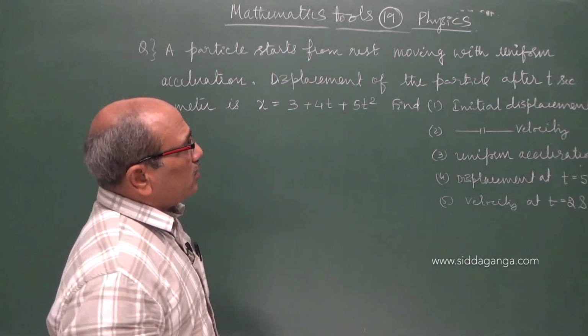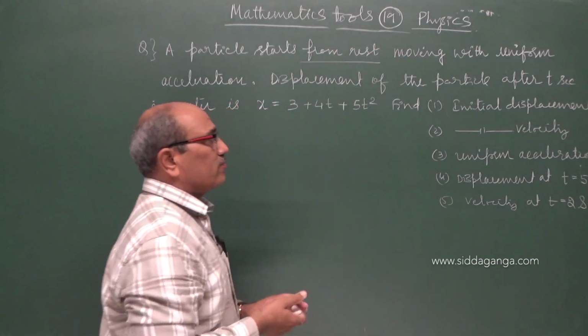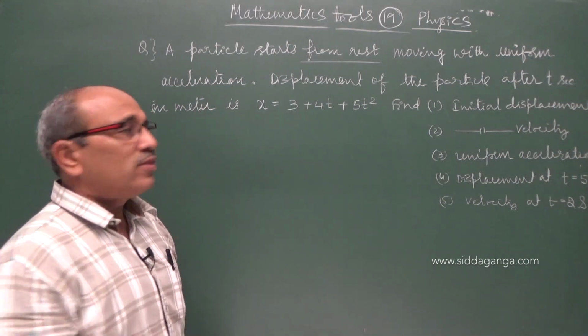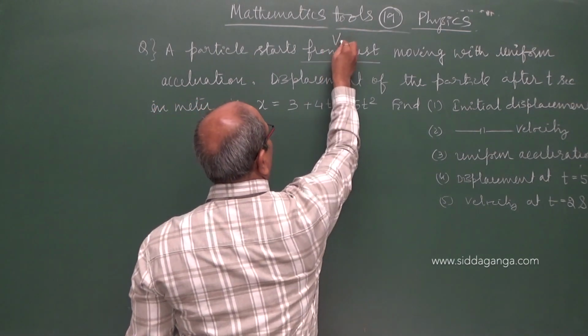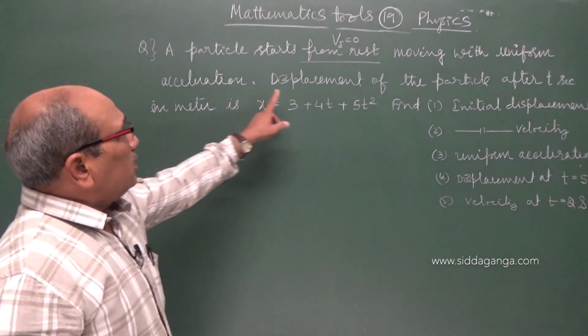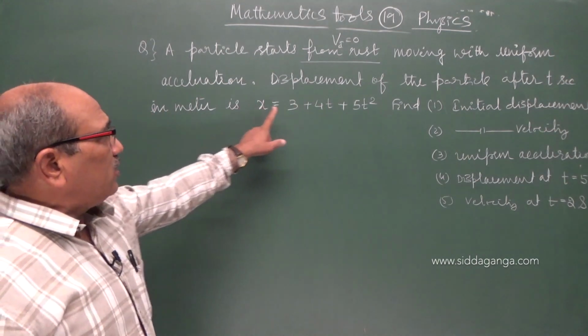The particle is moving under uniform acceleration starting from rest. Starting from rest means its initial velocity is 0. The displacement of the particle after t seconds in meters is given by this.